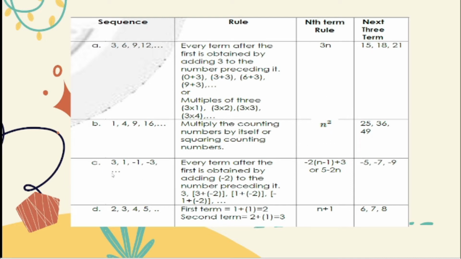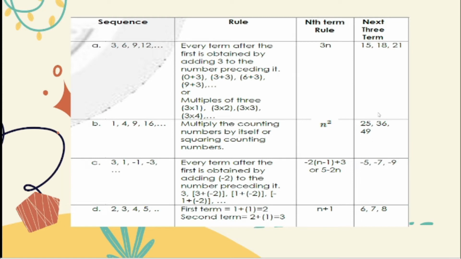For letter C, we have 3, 1, negative 1, and negative 3. Our rule here is every term after the first is obtained by adding negative 2 to the number preceding it. So, our end term rule is negative 2 times (n minus 1) plus 3, or in simple form, 5 minus 2n.